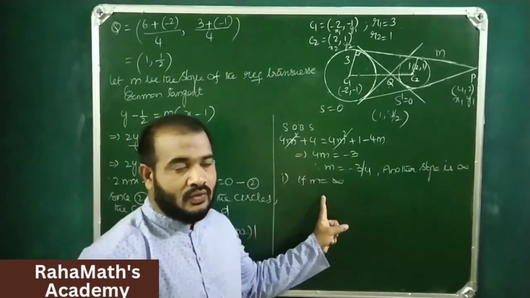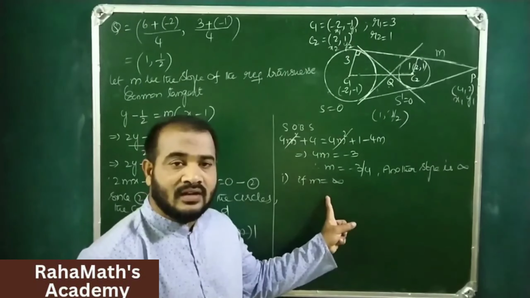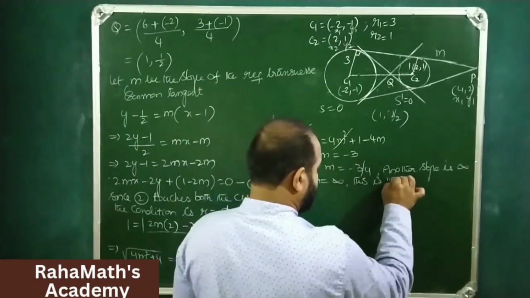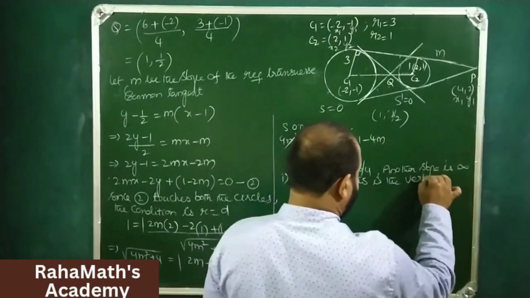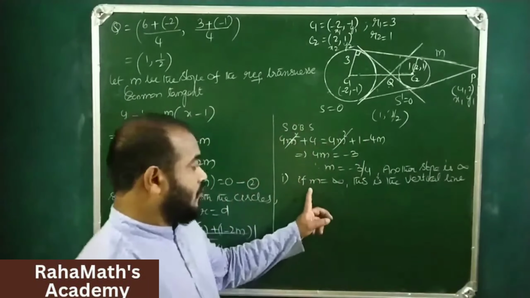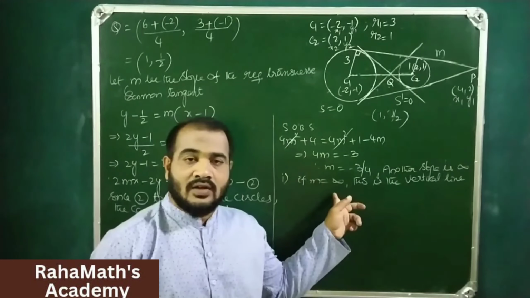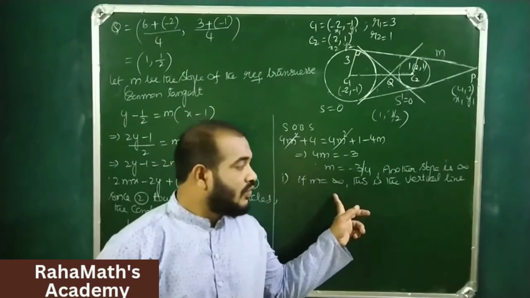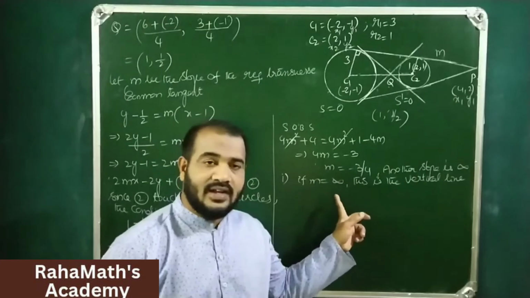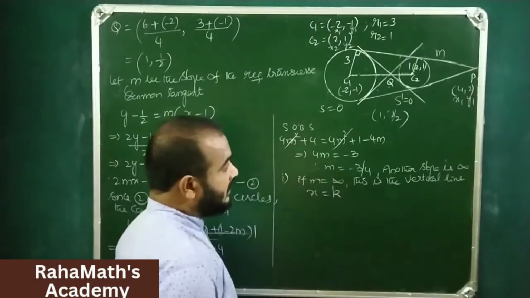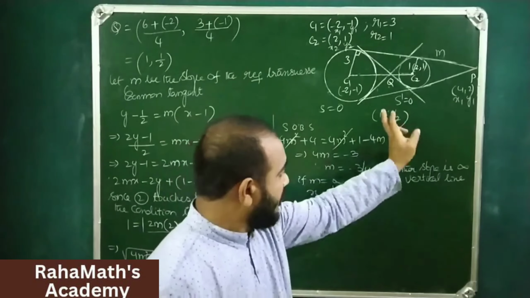So case 1, if m equals infinity, if the slope is infinity, that means this is a vertical line. So what is the equation of the vertical line? Because slope equal to infinity is the y-axis or a vertical line. Any vertical line is of the form x equals k. So this is passing through 1 comma 1 by 2.